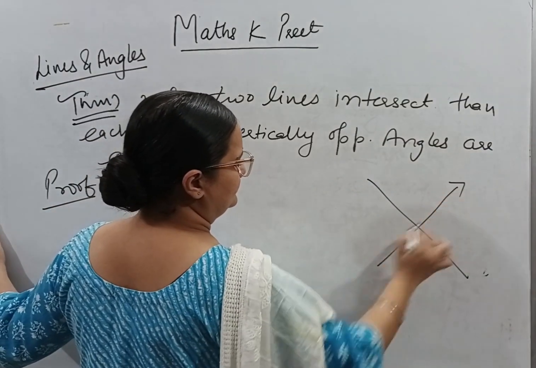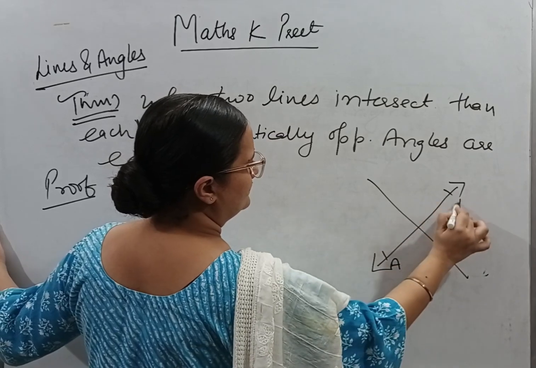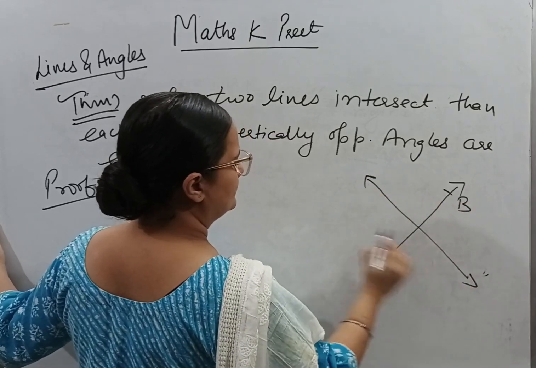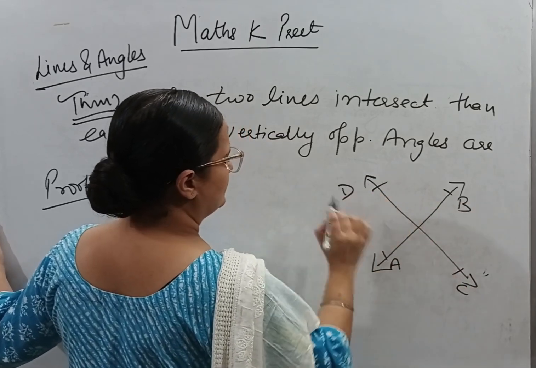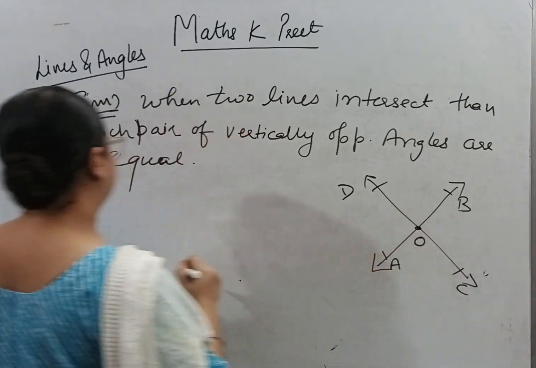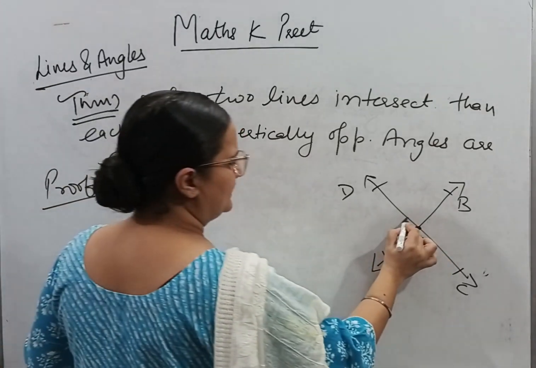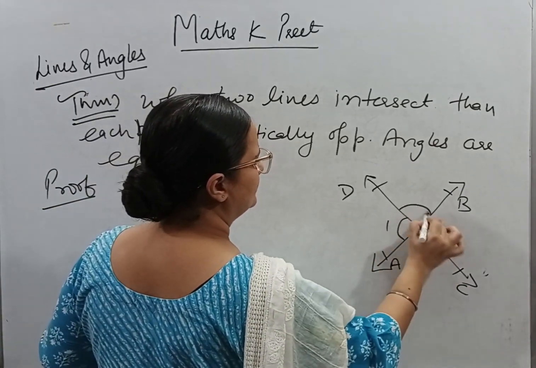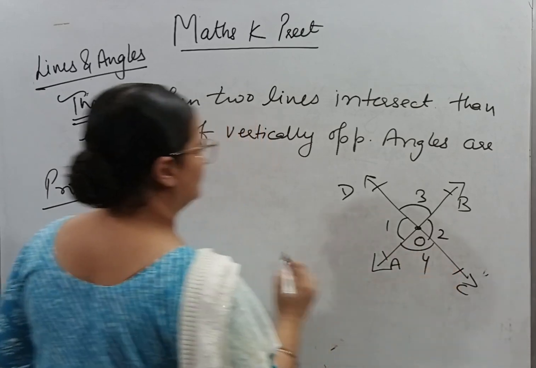Draw again AB and CD intersecting at O. Let me mark these angles as 1, 2, 3 and 4.